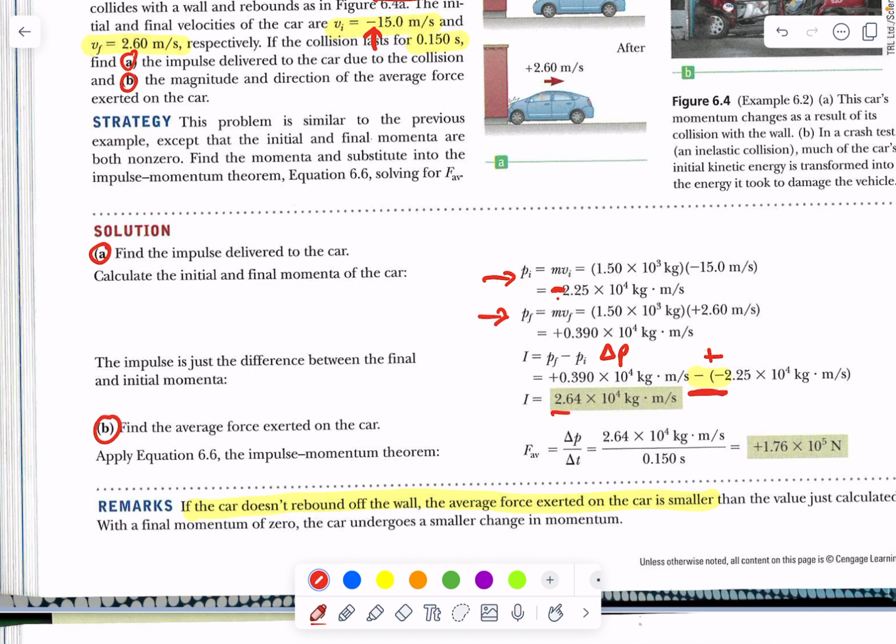So when something rebounds, we get much more momentum than if it didn't rebound at all. In other words, if you throw a rubber ball at a wall and it bounces back, you're going to get much more momentum than if you throw a clay ball at a surface and the clay sort of sticks to the surface or just plops on the surface and then drops.